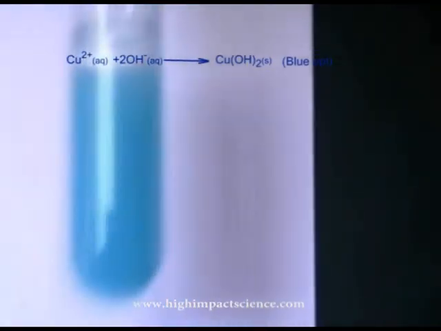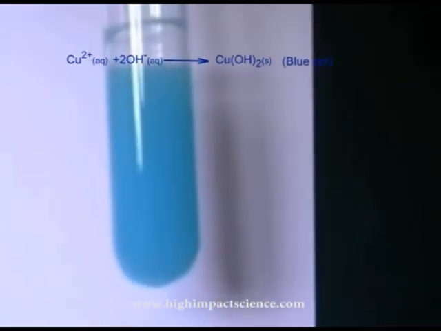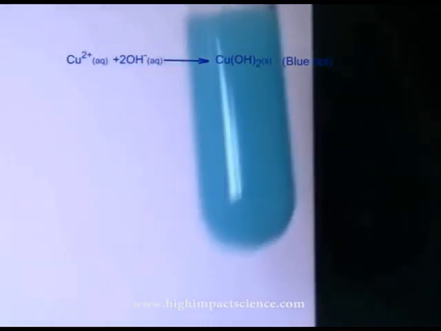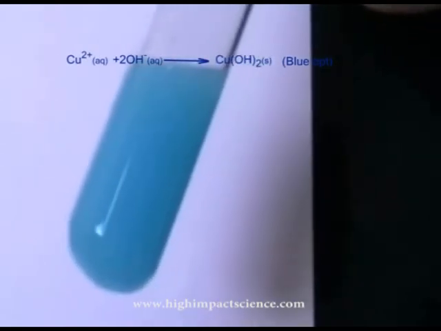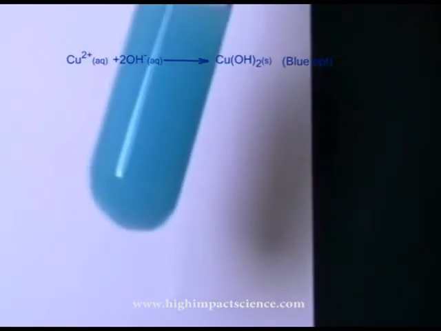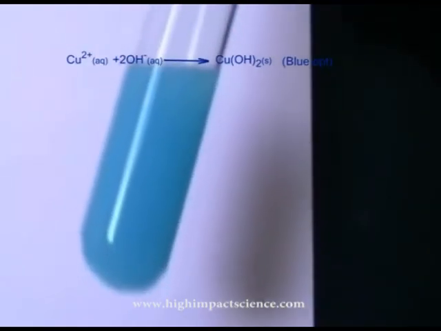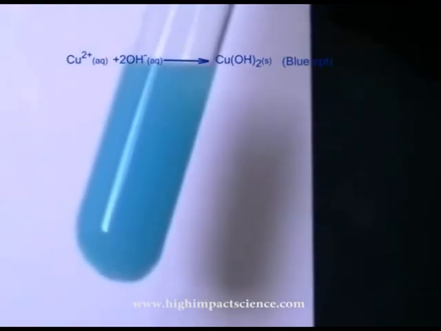Keep shaking and see. We add more and more ammonia solution and see what happens. Now you might notice the blue color is deepening with time as we add more and more ammonia solution. So let's keep going.